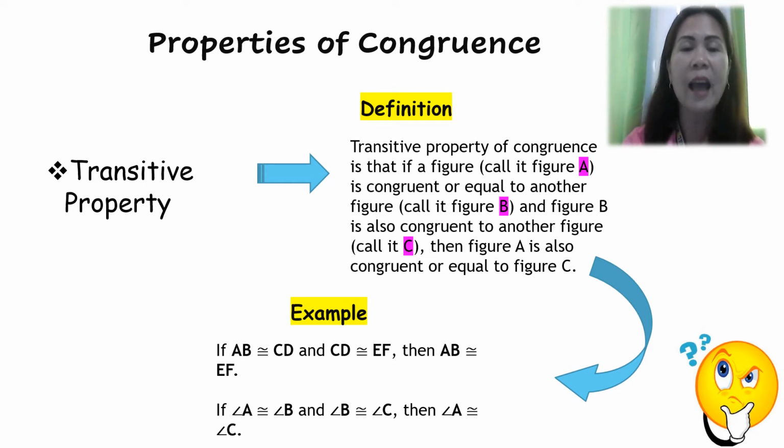And the other example is, if angle A is congruent to angle B and the angle B is congruent to angle C, then angle A is congruent to angle C.